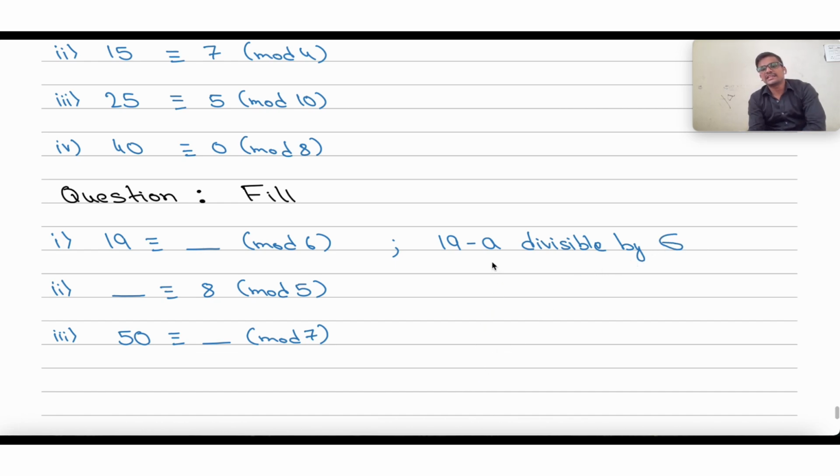Now what value should you take for a so that it will be divisible? If I take a equal to 1, then 18 will be divisible by 6. If I take a equal to 7, then 19 minus 7 is also 12, and that is divisible by 6. So there are many, so you write all the patterns, right? Similarly, you find for the rest two.